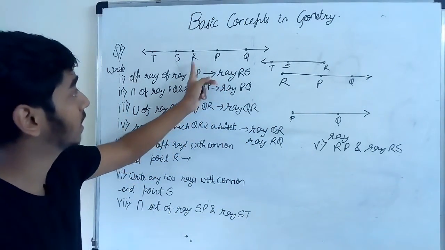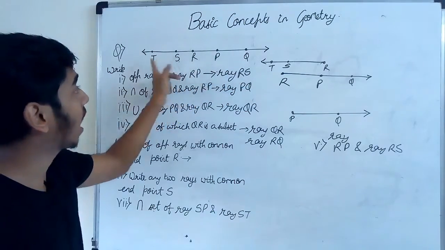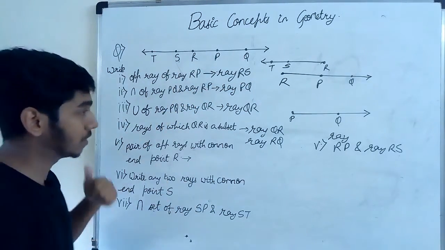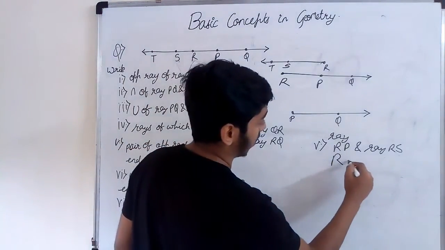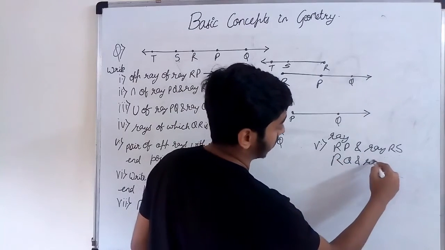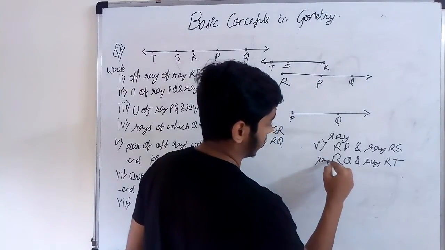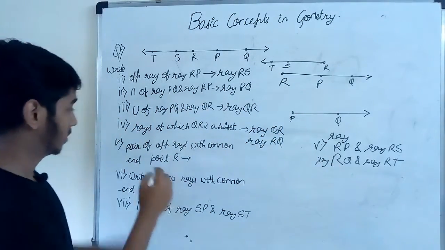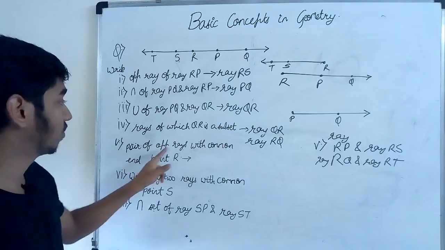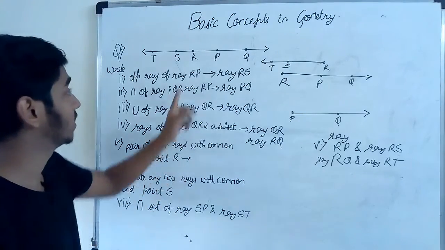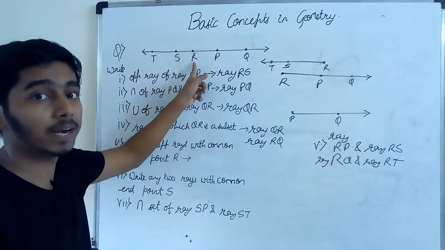And also can we say ray RQ and ray RT? We can also say that. So ray RQ and ray RT. Okay, so that is the pair of opposite rays with common endpoint R.